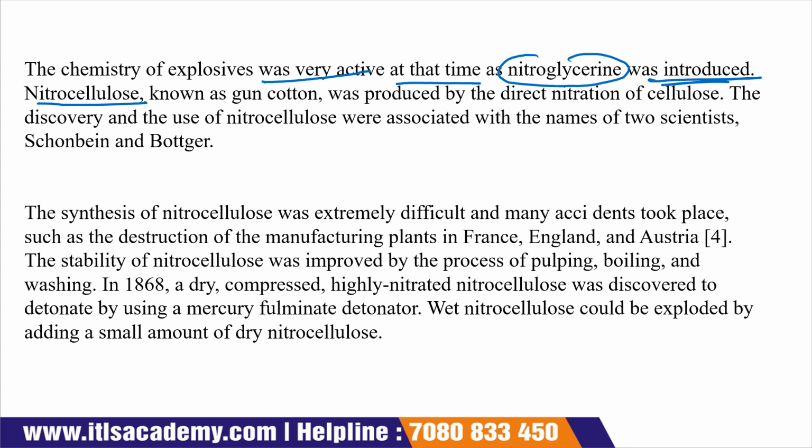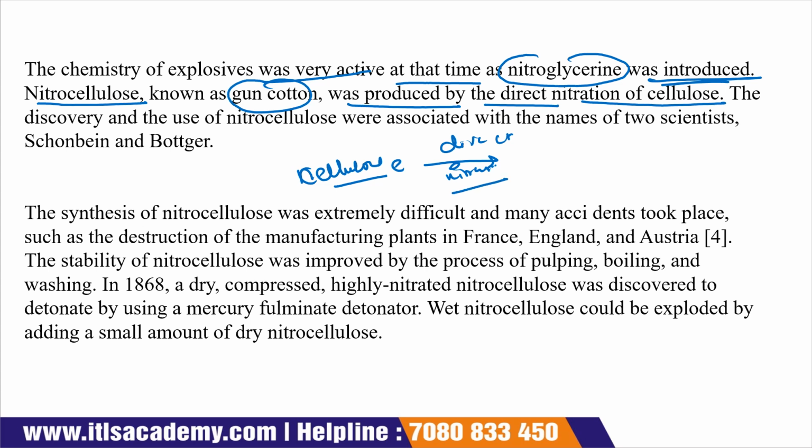Nitrocellulose, also known as gun cotton, was produced by the direct nitration of cellulose. Suppose this is your cellulose. If this cellulose undergoes direct nitration, it produces nitrocellulose, and this nitrocellulose is known as gun cotton.